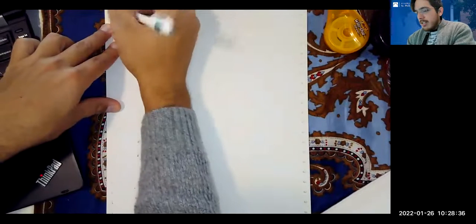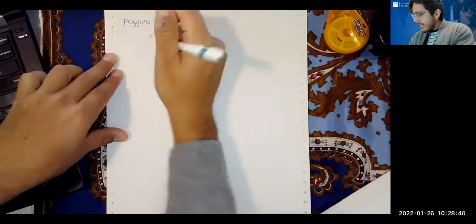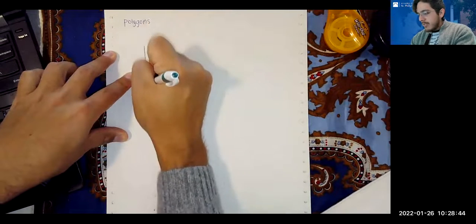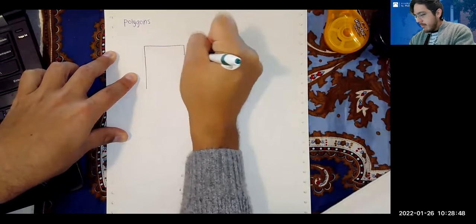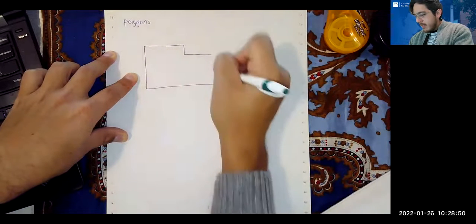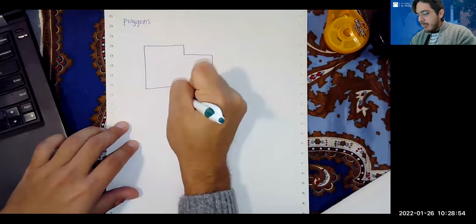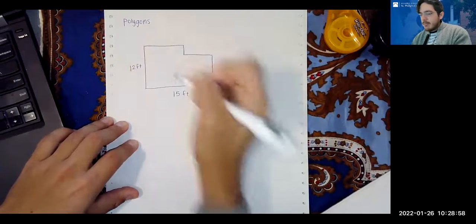So you could have polygons that look a little bit different, that look like they're composite, or made up of other shapes. So you could have something that looks like this. And let's just pretend that these are straight lines, that this is given by 15 feet, and this is given by 12 feet.